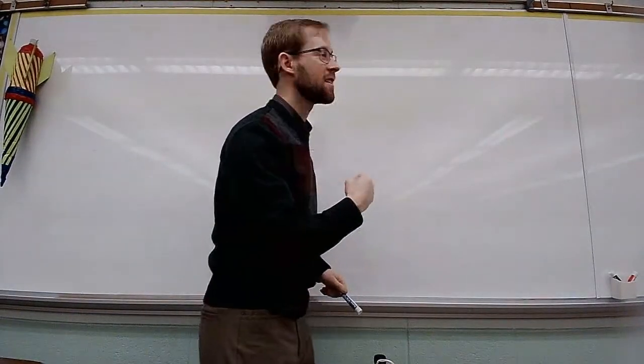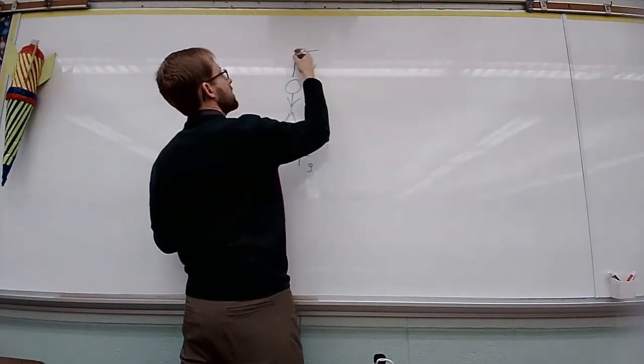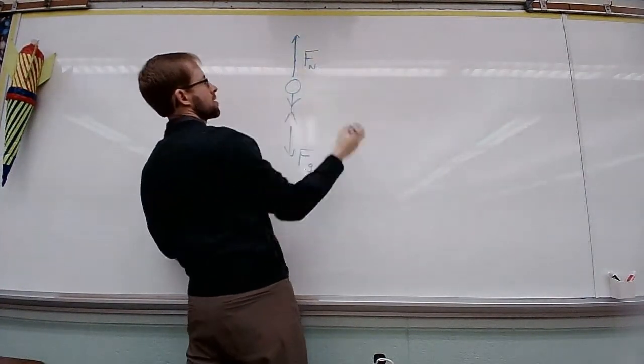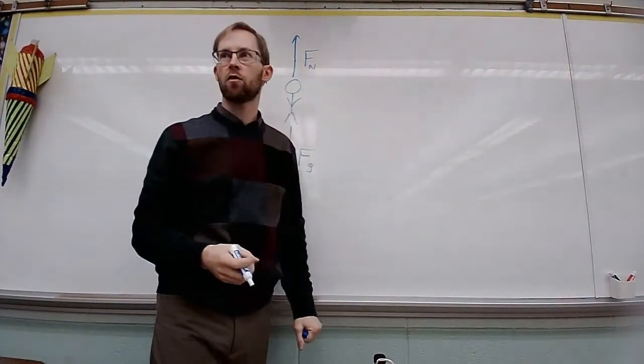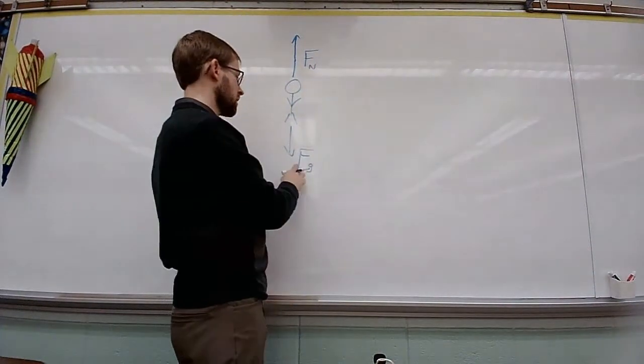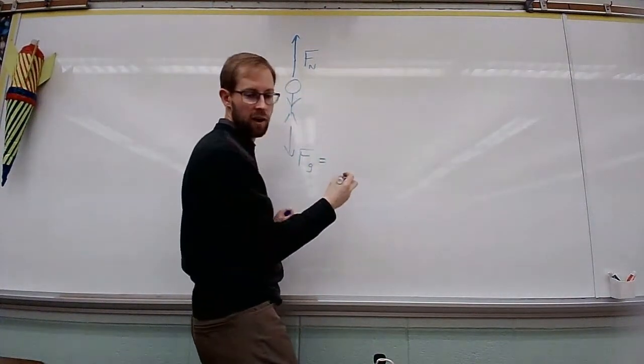Heavier, yes. You start to feel a little bit heavier, and therefore your normal force is going to be larger under those conditions. So if I want to do my quantitative graph, I know number one, force of gravity does not change. So that's always just going to be 715.